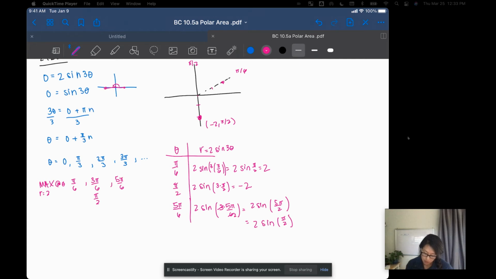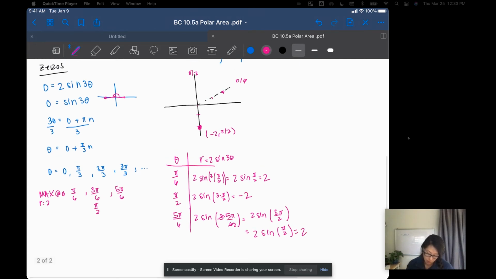So I end up with a radius of 2. So at 5 pi over 6, which is almost 30 degrees to the negative x-axis, we end up with the point positive 2 comma 5 pi over 6.